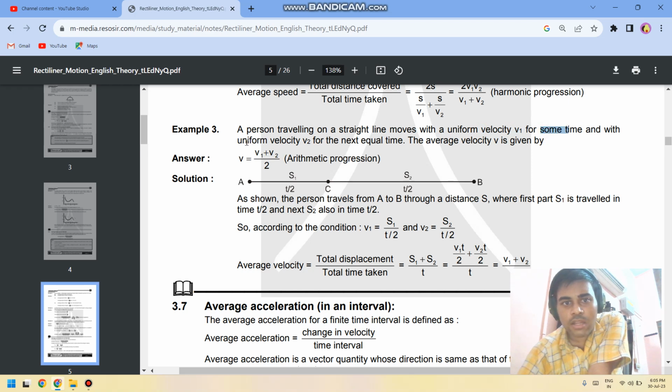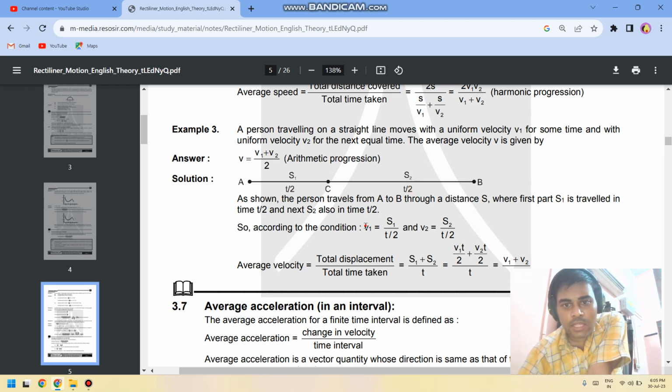Now, another question: a person traveling on a straight line moves with a uniform velocity v1 for some time and with uniform velocity v2 for the next equal time. The average velocity v is given by? Suppose for distance s1 the time is t by 2 and for distance s2 the time is the same, t by 2.